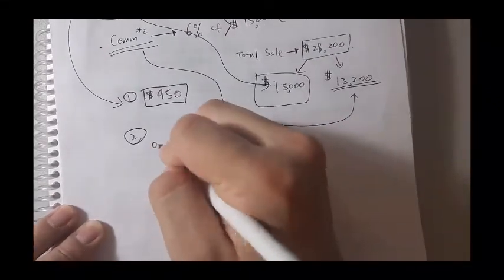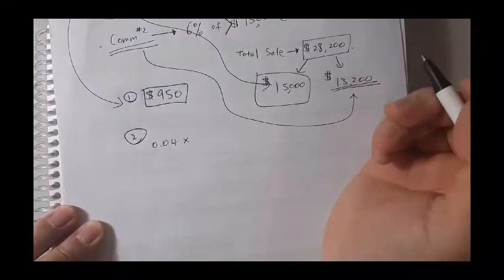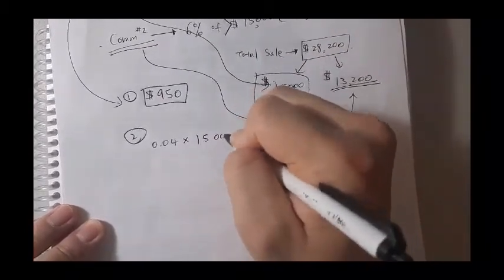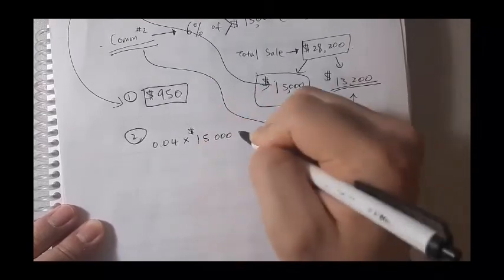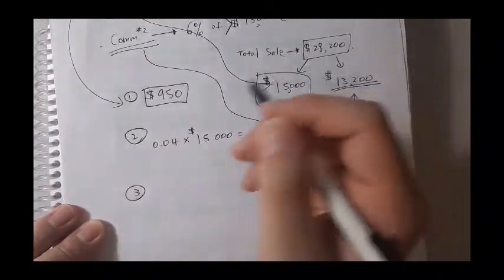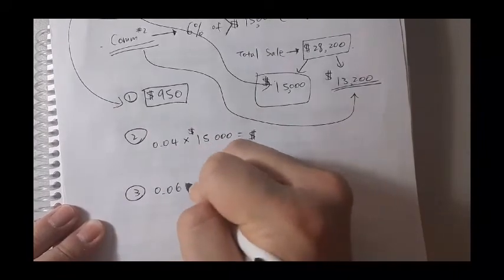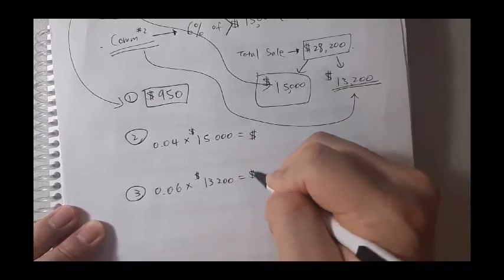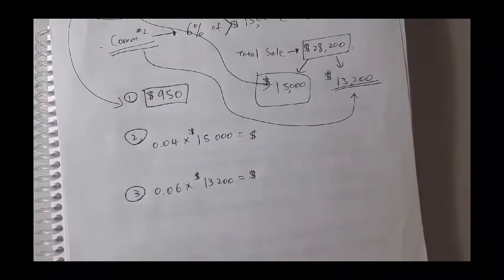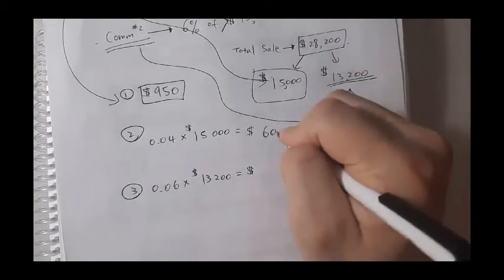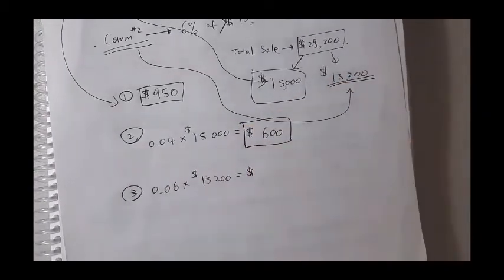So 0.04, make sure you convert percentage into ratio, times 15,000 will give me some amount. Gonna do the same thing: 0.06 times 13,200 will give me a certain amount. 0.04 times 15,000 gives me 600 as a little bonus.